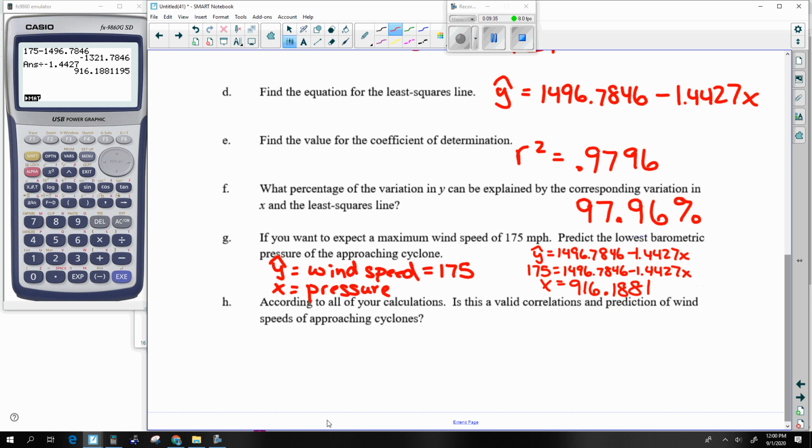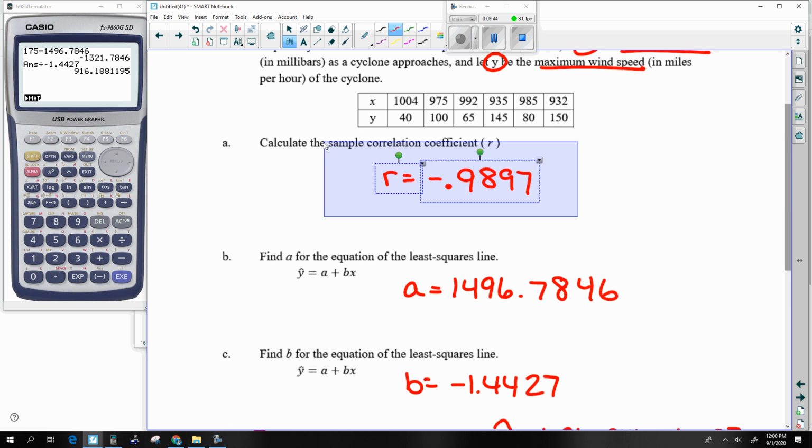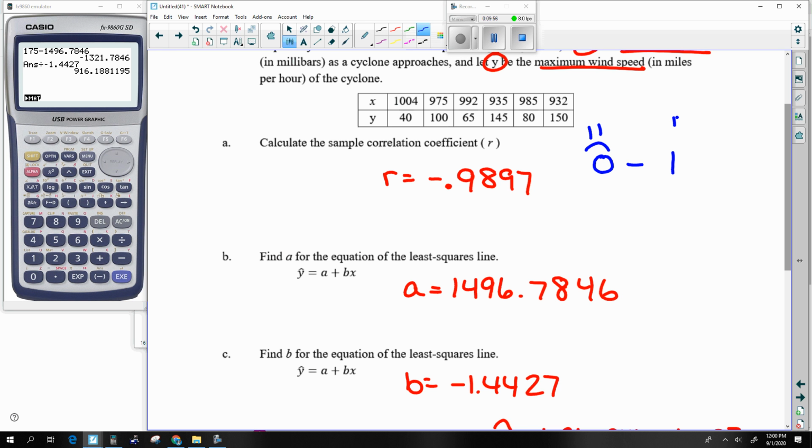All right? And what this should stem off of is, in essence, your answer to E, F, but most notably R. If you recall how to read what R is on a scale of 0 to 1, 0 being awful, 1 being the best number that you could ever possibly get as far as accuracy of your prediction.